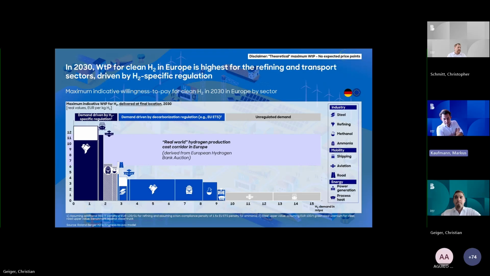As you know, it's in essence shaped by European regulation, that regulation that is hydrogen specific, and by the ETS, which is a Europe-wide carbon pricing mechanism. So that's important. Regardless of whether you want to sell to someone in Germany or somewhere else, for the highest willingness to pay prospective off-takers, you're going to be looking to the left of this slide, at those segments that we have depicted here.